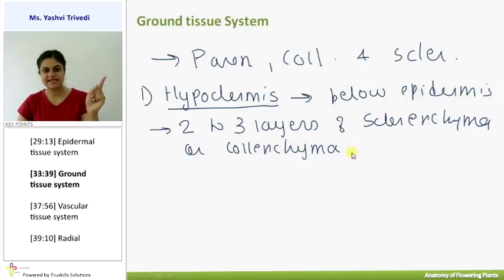That is, we have seen epidermis in the previous system. Just below epidermis, hypodermis is present, which can be of 2 to 3 layers. Either it is made up of sclerenchyma cells or it is made up of collenchyma cells. So the main function of hypodermis will be mechanical support.